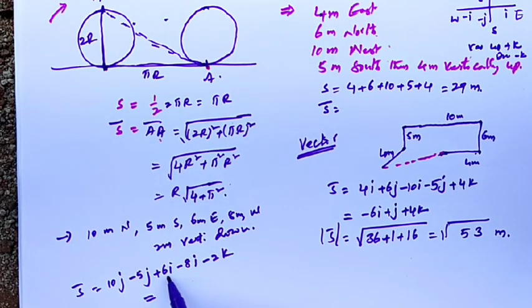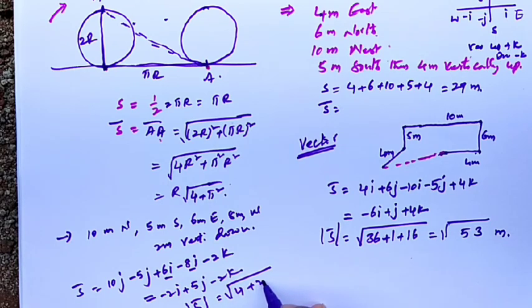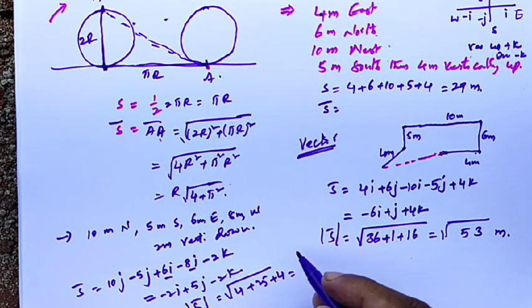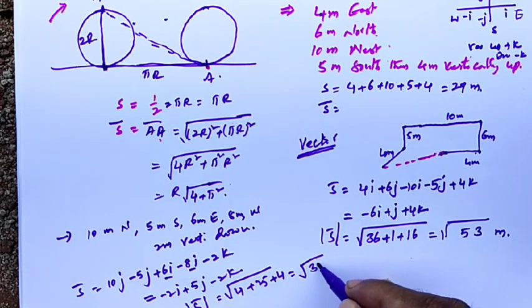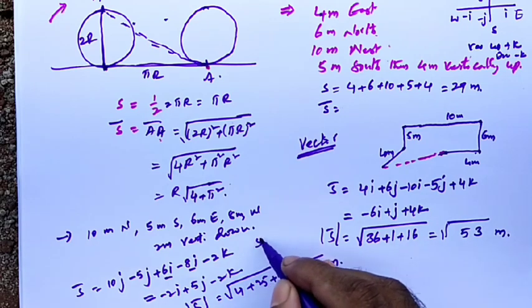That is, first let us see I and I, minus 2I, J and J, plus 5J, because 10J minus 5J, minus 2K is our displacement vector. So magnitude of displacement vector is root over 4 plus 25 plus 4, that is equal to root 33 meters is the displacement. What is the distance in this case?